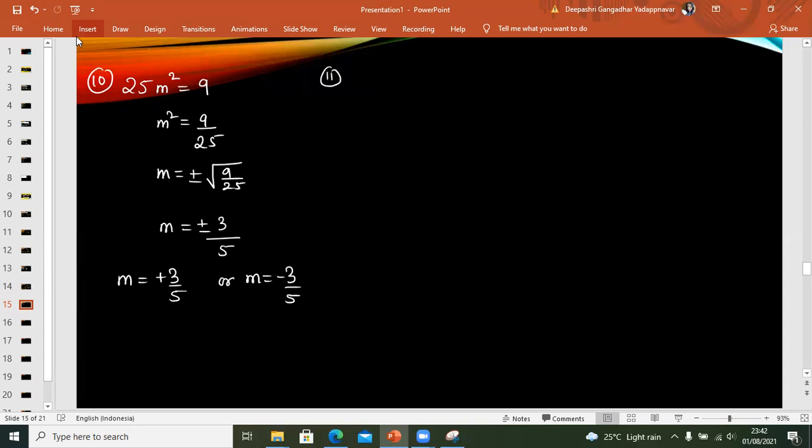Question 11 is also same like that. 7m square equal 21m. This is the question. What we can do here is, you see here, there is m on the right side, m on the left side.